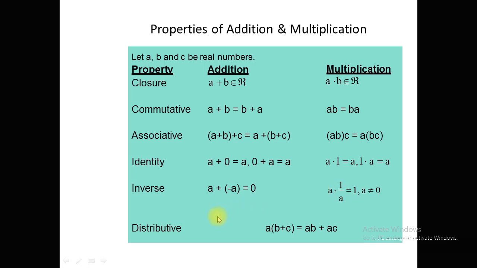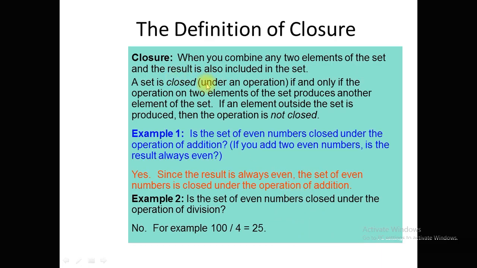Similarly, the set of real numbers has the distributive property of multiplication over addition. The distributive property of multiplication over addition is written as a dot (b plus c) is equal to ab plus ac. Now this is the definition of closure property. When you combine any two elements of the set and the result is also included in the set, then this is called the closure property for that set.